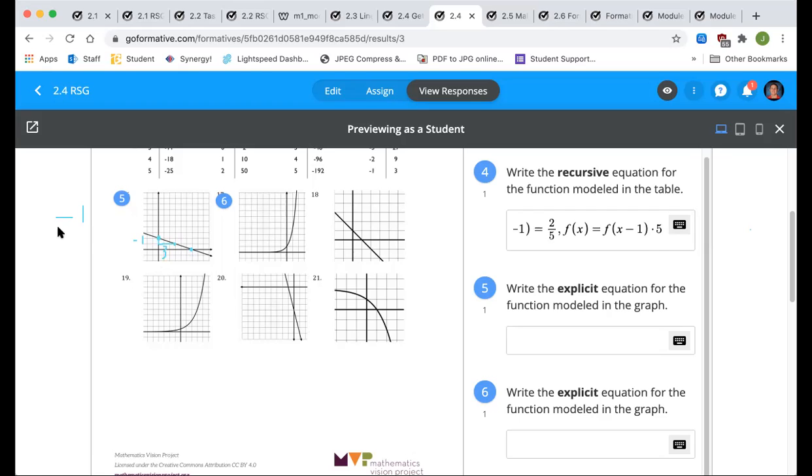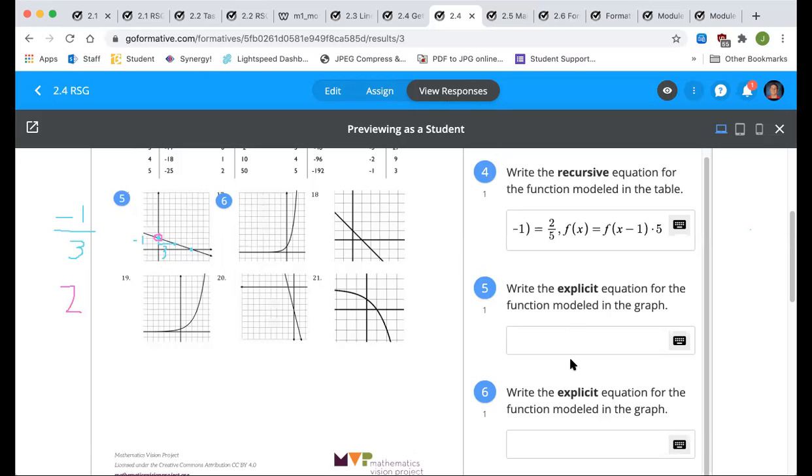So our slope, our rate of change, our common difference is negative 1/3. Our y-intercept, our b, is where it starts on the y-axis, which is right there at 2.